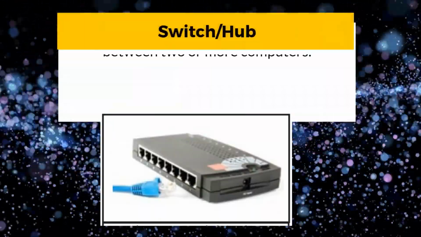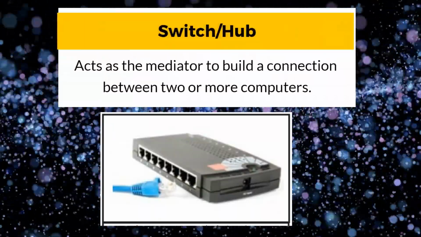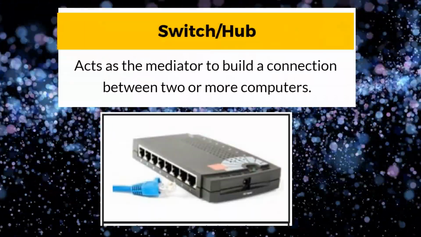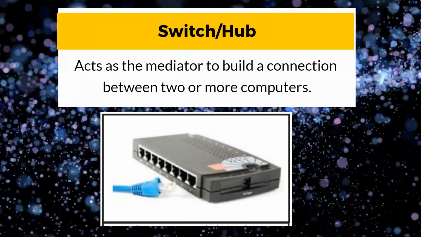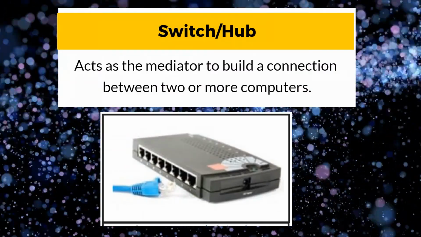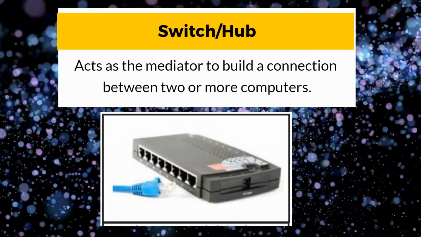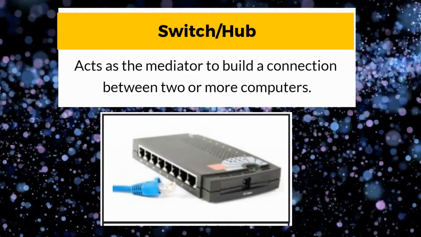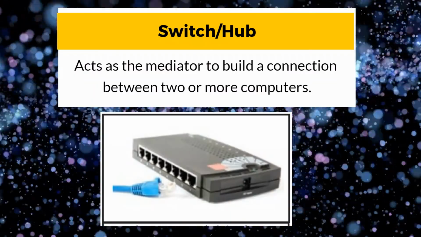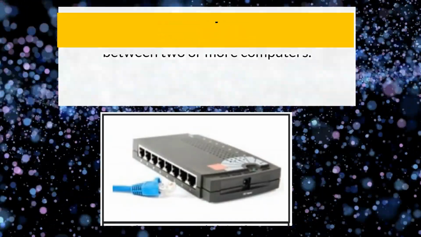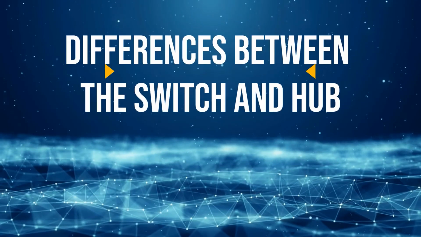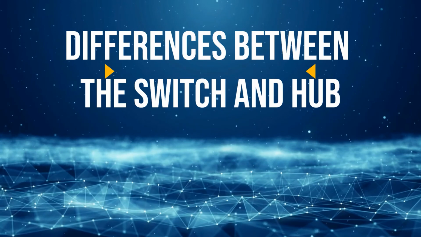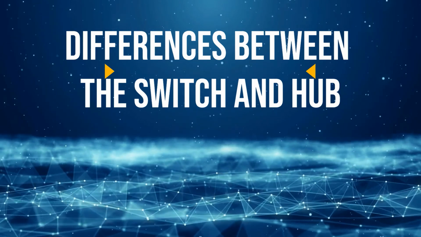The second device is the switch or hub. It acts as the mediator to build a connection between two or more computers. Let's learn the differences between the switch and hub.